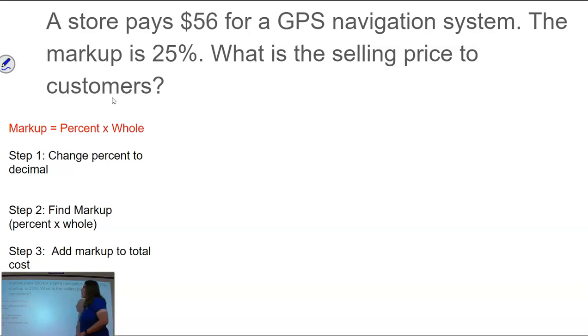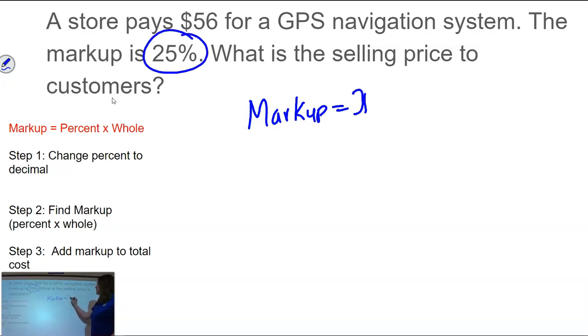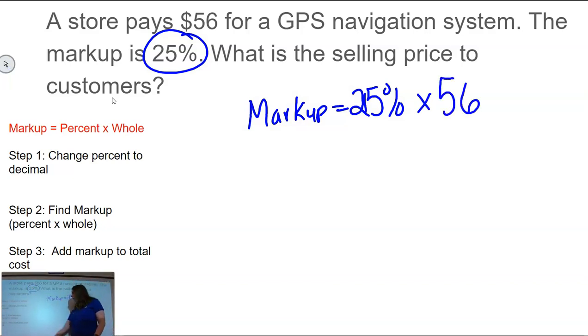I'm going to use the same type of thing. Markup equals the percent. So what's the percent? 25%, times my whole. How much did they pay? $56, so times 56. The first step is I need to change the percent to a decimal by dividing by 100, so we move the decimal place over twice.